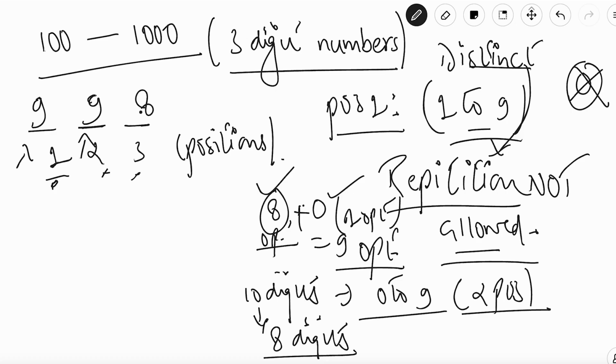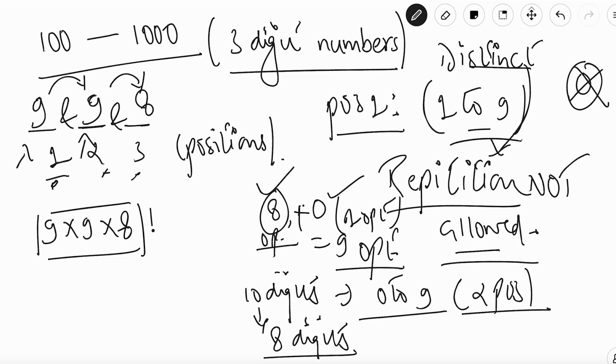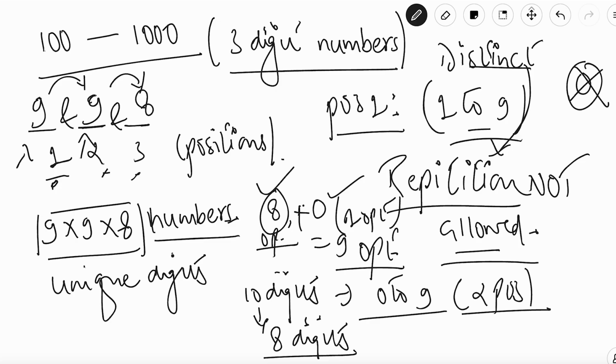So position number 3 can be filled in 8 ways. Since these are sequential, position 1, position 2 and position 3, the total number of ways is 9 into 9 into 8. So these many numbers exist which have unique digits, with no repetition of digits.